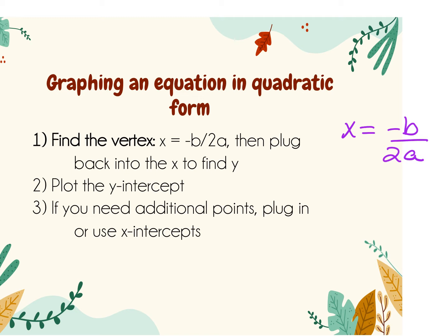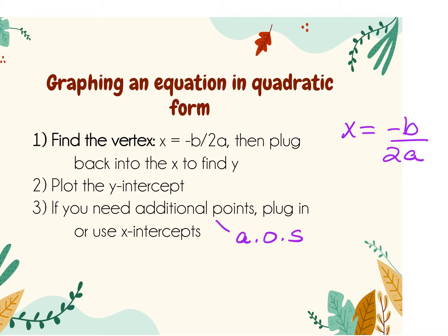My next step will be to plot the y-intercept, and then I'm going to look for additional points. I can find the x-intercepts, and I'm also going to use my axis of symmetry to get the other side of my U-shape.